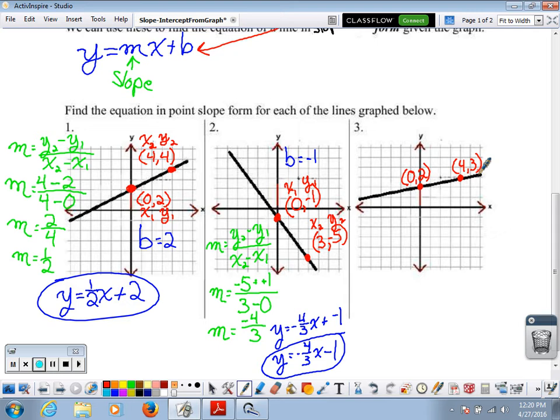I should label them. Okay, Heron, how do you want to label 0, 2? Good. Keep going. Very good. X1, Y1, X2, Y2.